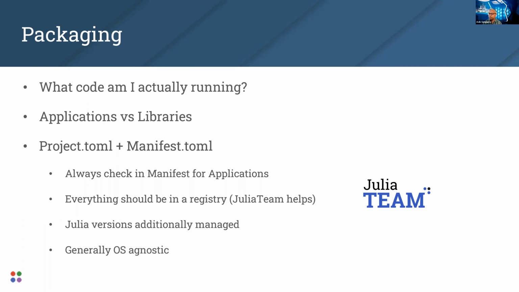One of the caveats to using manifest is that generally manifests in Julia are specific to a version of Julia, or at least to a minor version of Julia. So a manifest generated in 1.6 typically can't be used in Julia 1.5, but a manifest generated in Julia 1.6.0 can be used in Julia 1.6.1. So you need to firm up the version of Julia that you're testing with, as well as running in production with.